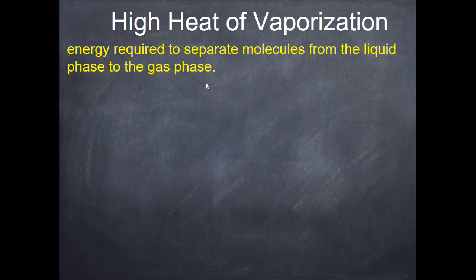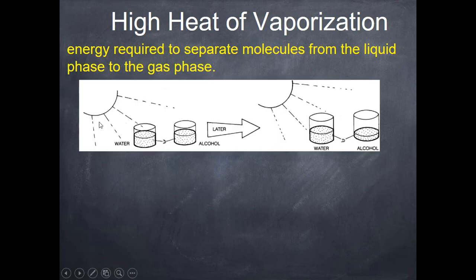So like when we think of boiling water, first we had the liquid, then it is going to move to that gas phase when we apply energy to it. So if we had some water and we had alcohol and they were both sitting in the sun, the water is not going to evaporate a whole lot.